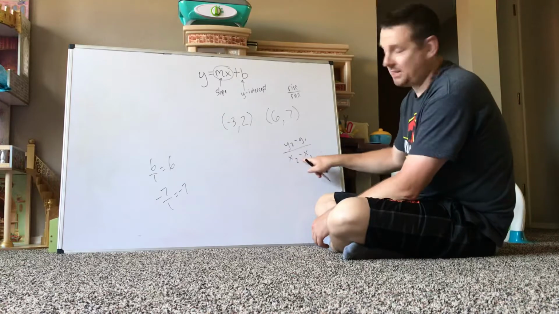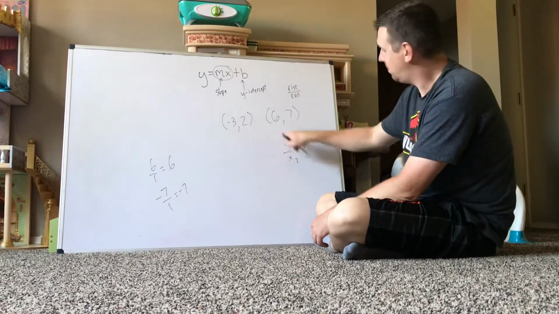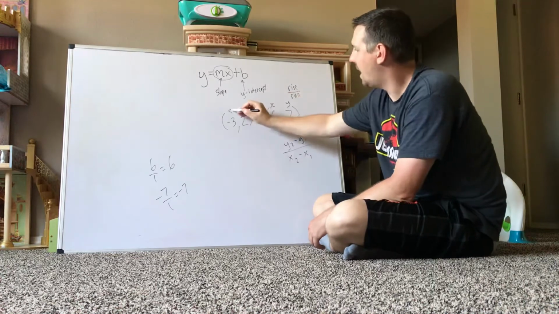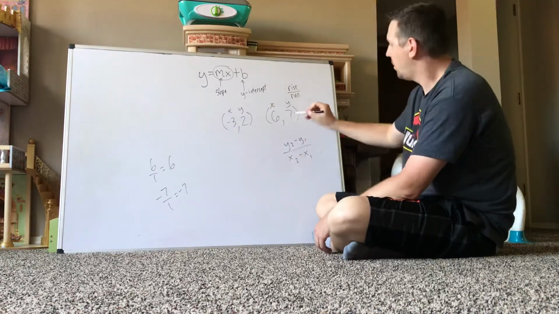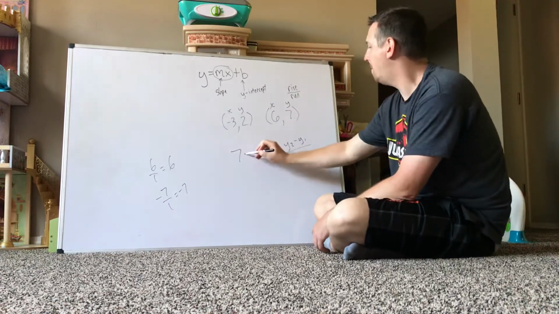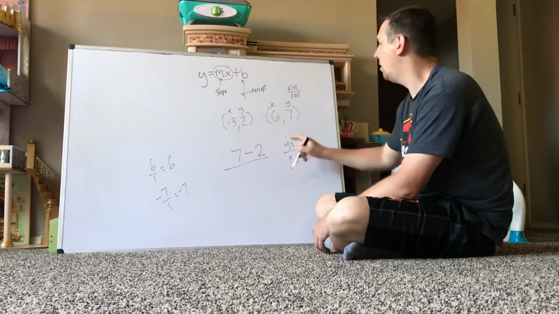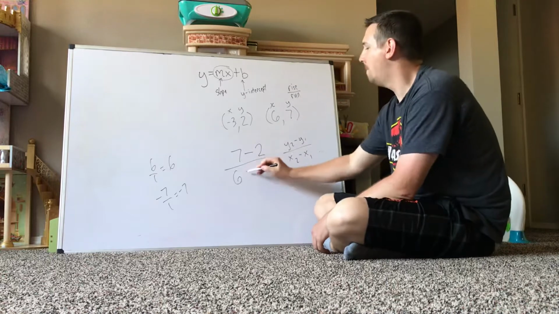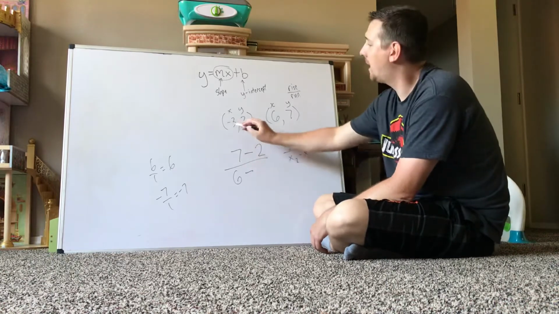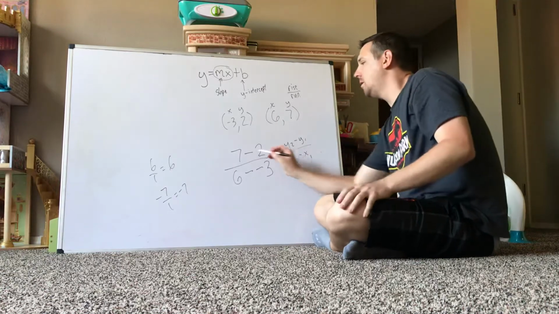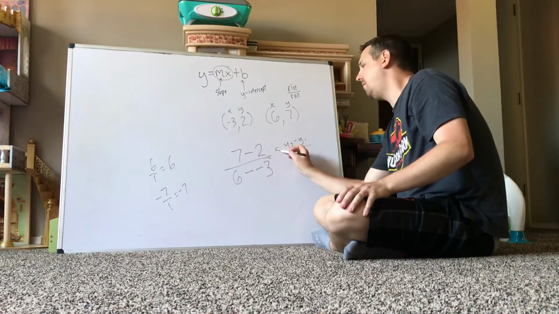All this means is take the second y value, this is the second x, y. y2 minus y1 over x2 minus, be careful here, x1 is negative 3. So, 7 minus 2, 5.